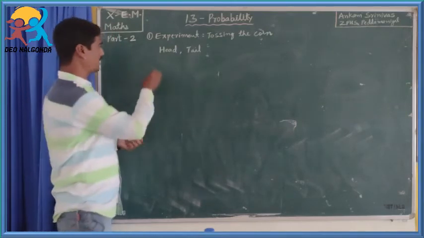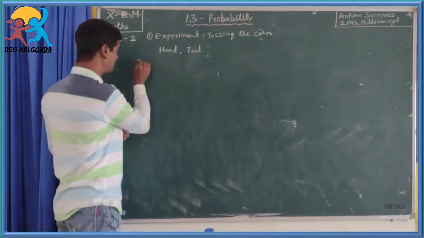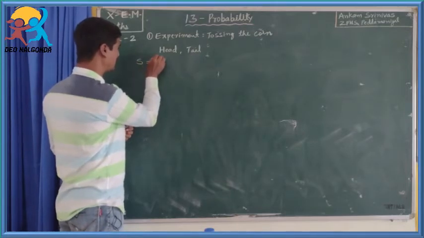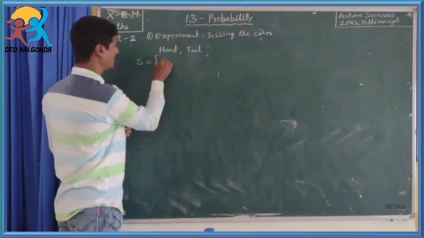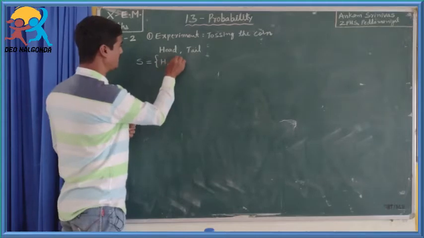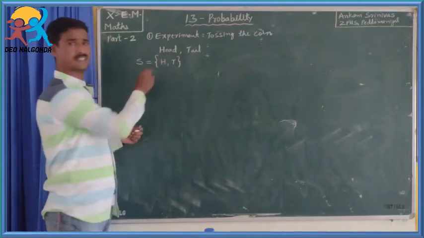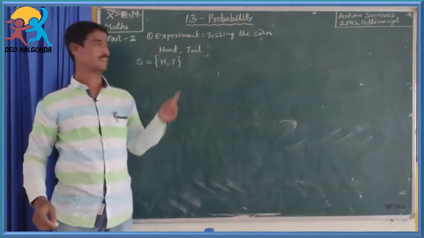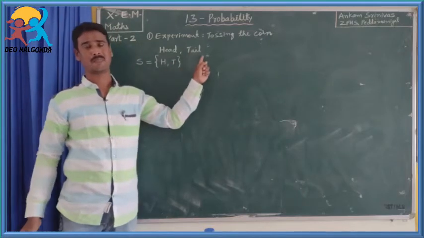So we take the sample space S equal to H comma T, where H denotes head and T denotes tail.